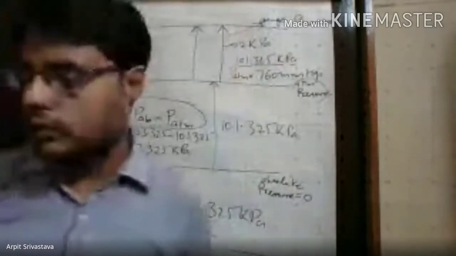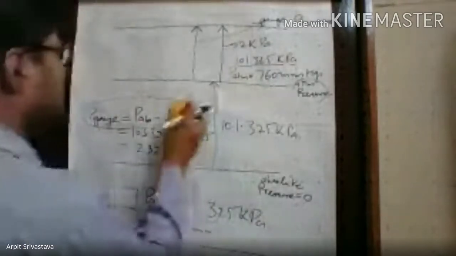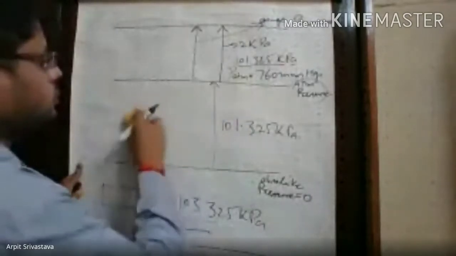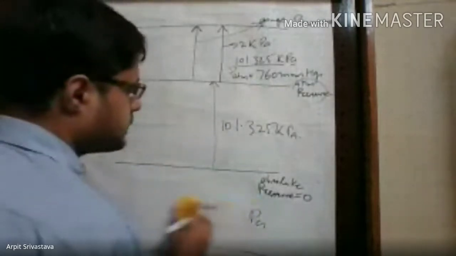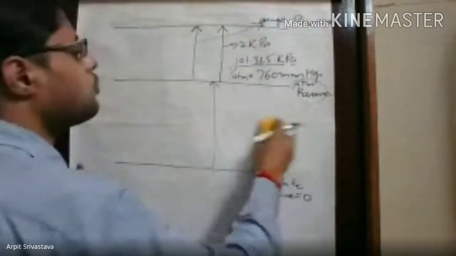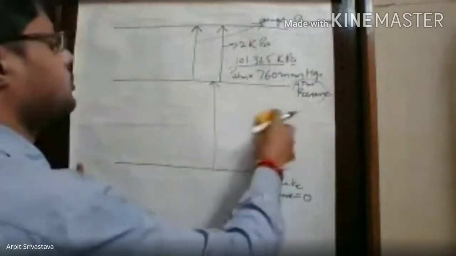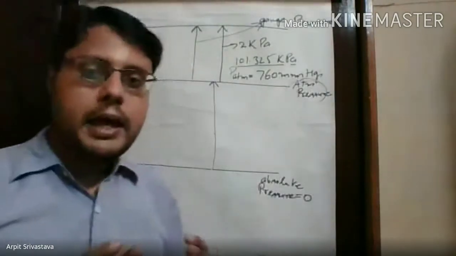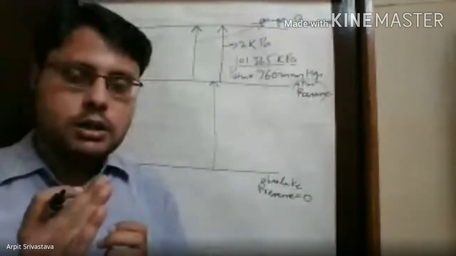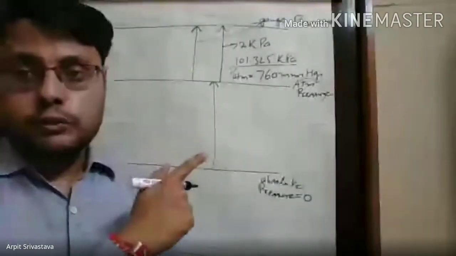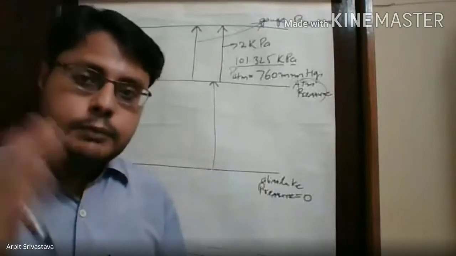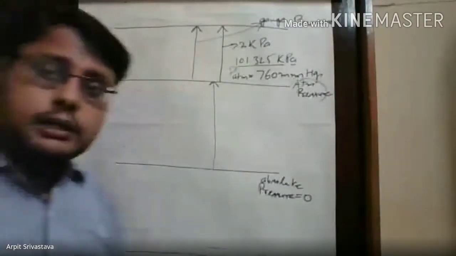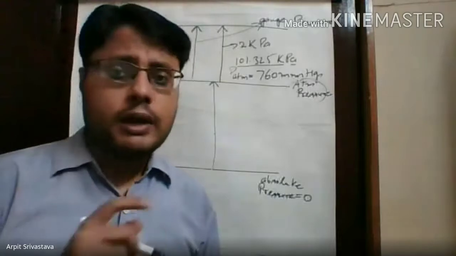What is vacuum pressure? If anybody has pressure below atmospheric pressure, lesser absolute pressure compared to atmospheric pressure, then that body's pressure is known as vacuum pressure.